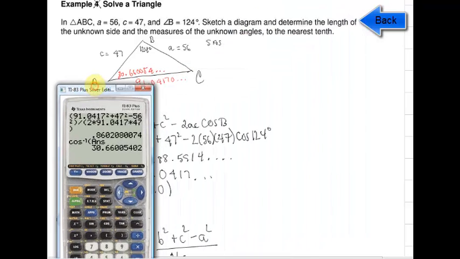Okay, so now we're going to find angle C. So this is step 3.